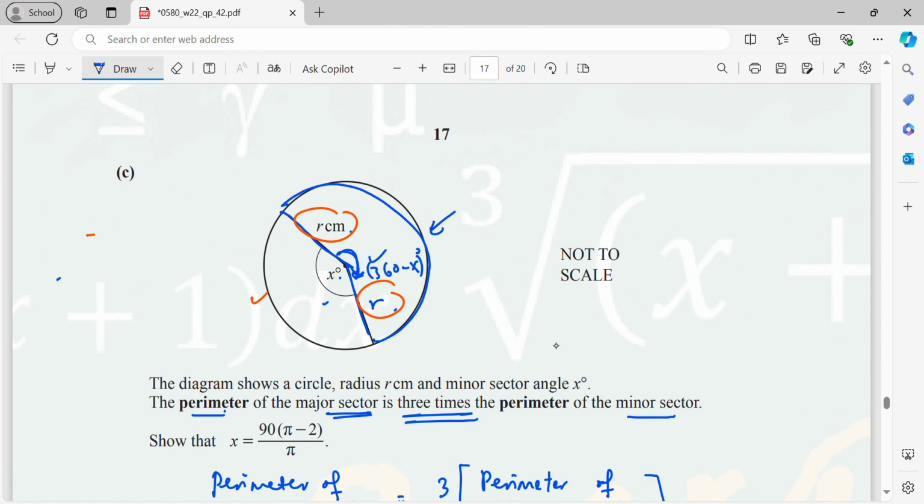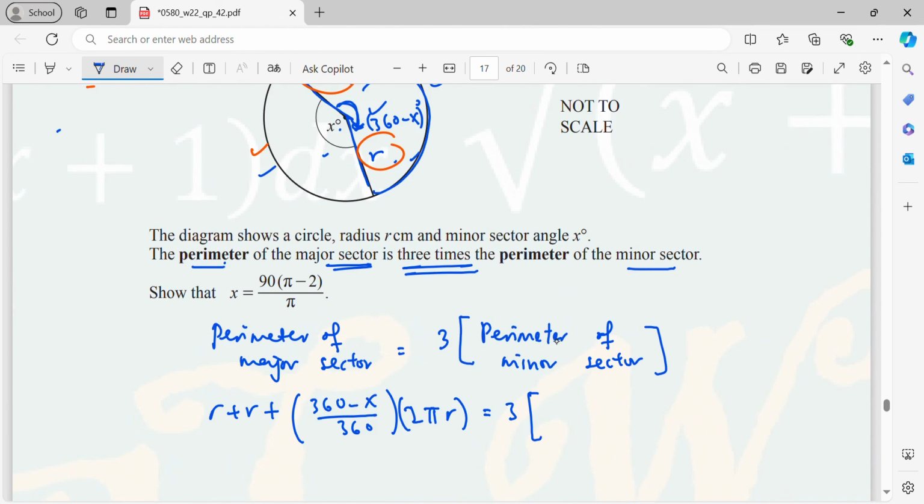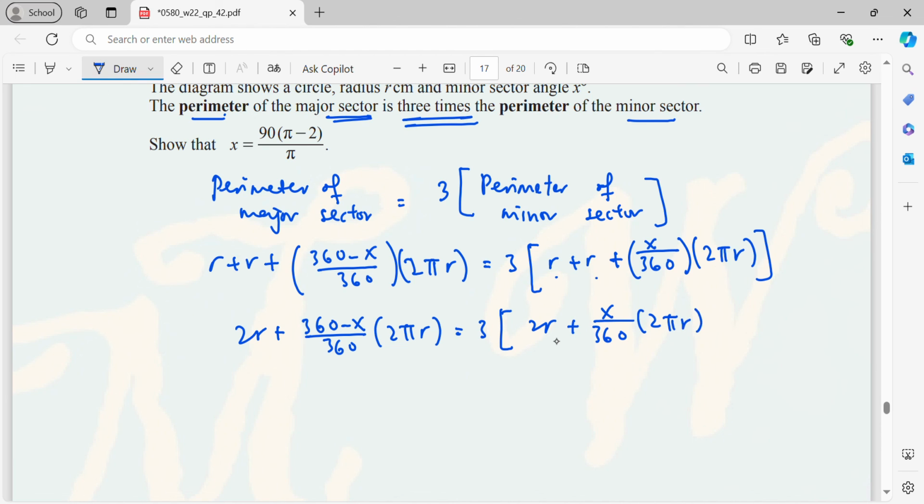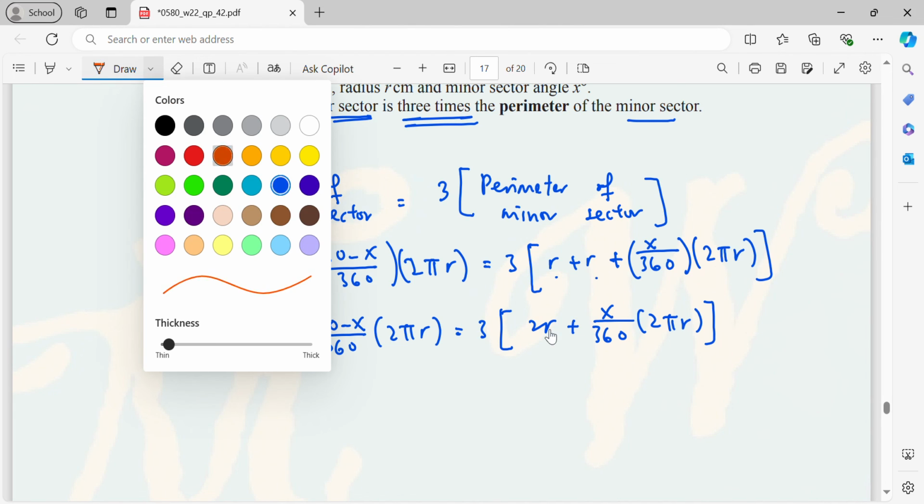equals 3 times the perimeter of the minor sector. Again, the minor sector will be R plus this. So it will be R plus, the angle is X, so X over 360 times 2 pi R. Then from here, basically you are getting 2R plus 360 minus X over 360 times 2 pi R equals 3 times R plus R, which is 2R, then plus X over 360 times 2 pi R. Basically, when you look at the left and right side, the 2R is in common.